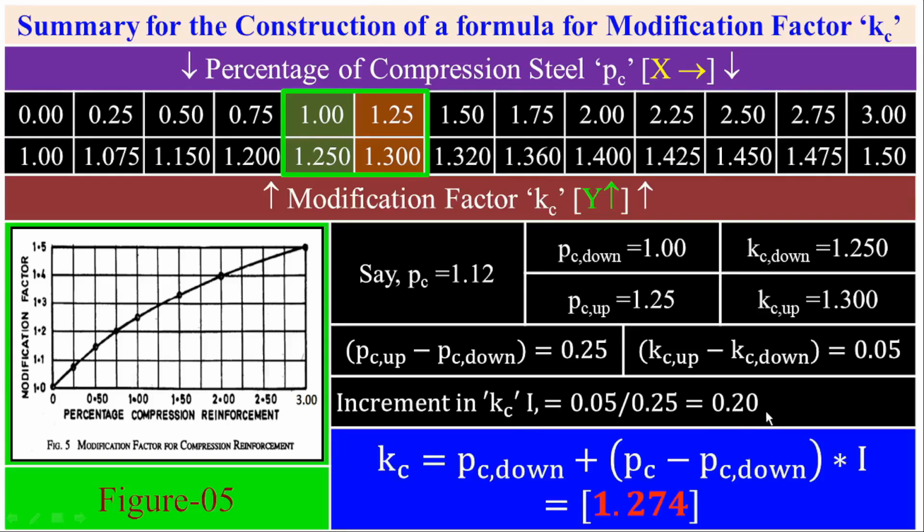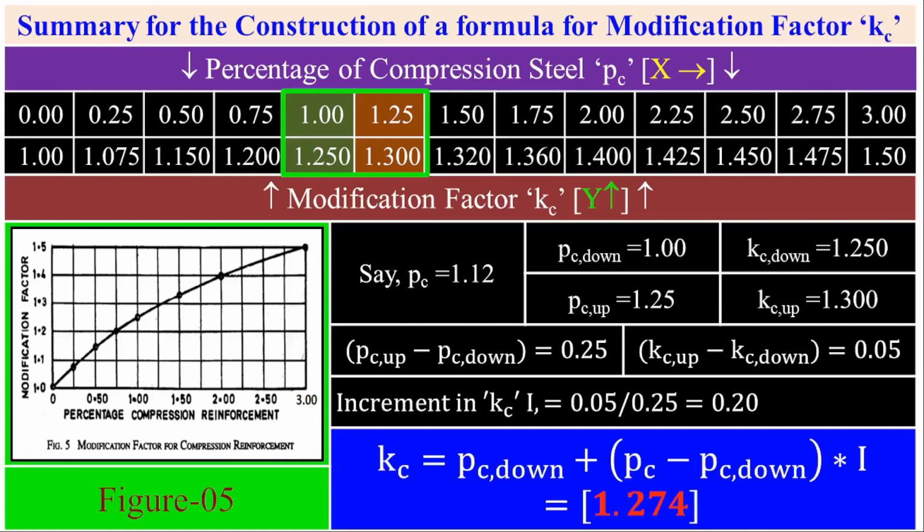To get the final value of KC for our given PC of 1.12, we use the linear interpolation equation. KC equals KC down plus (PC minus PC down) multiplied by I. Plugging in our example values, KC equals 1.25 plus (1.12 minus 1.00) multiplied by 0.20.